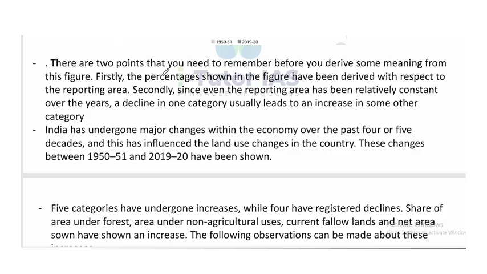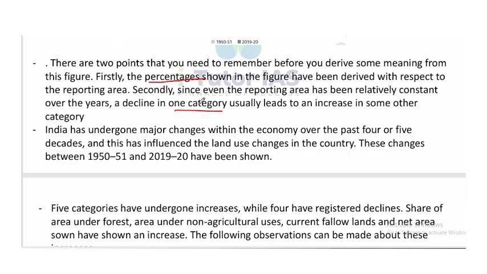Firstly, the percentages shown in the figure have been derived with respect to the reporting area. Secondly, since even the reporting area has been relatively constant over the years, a decline in one category usually leads to an increase in some other category.